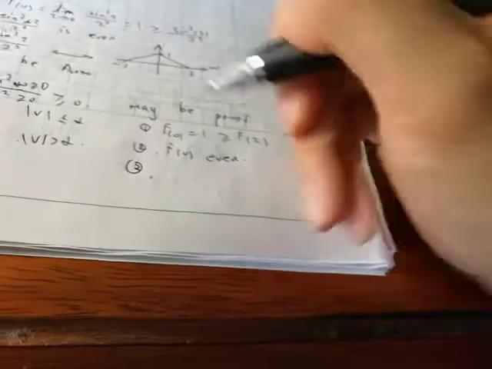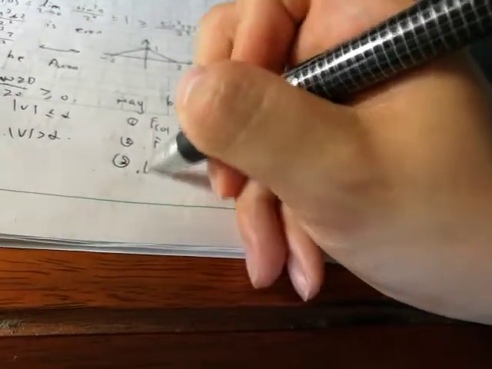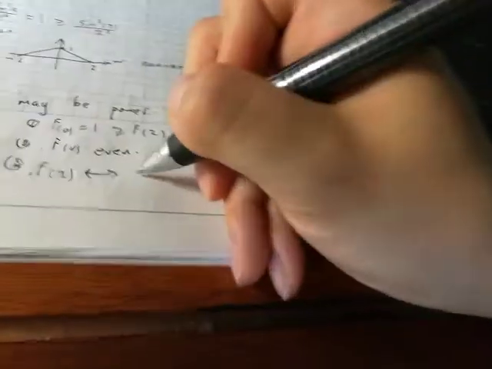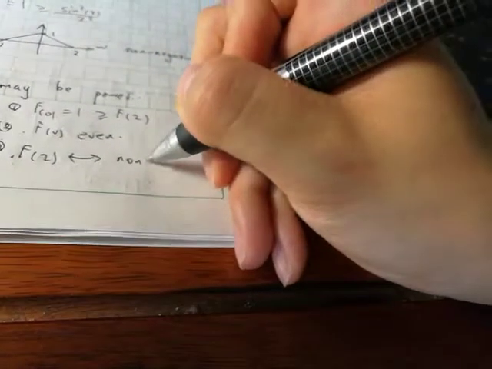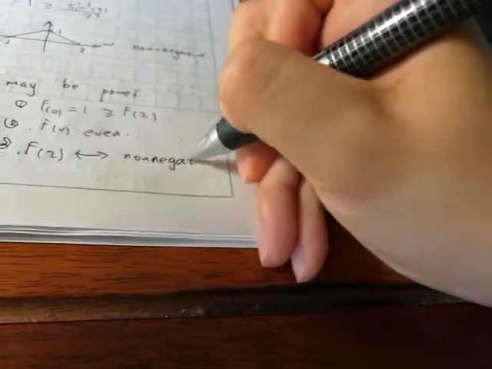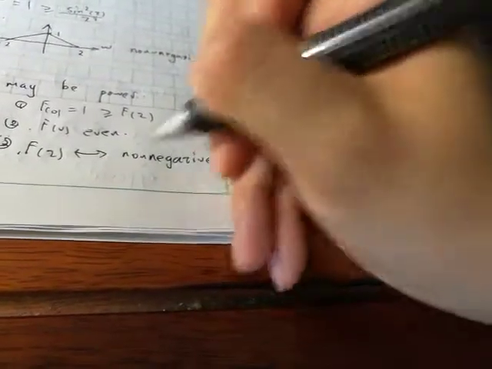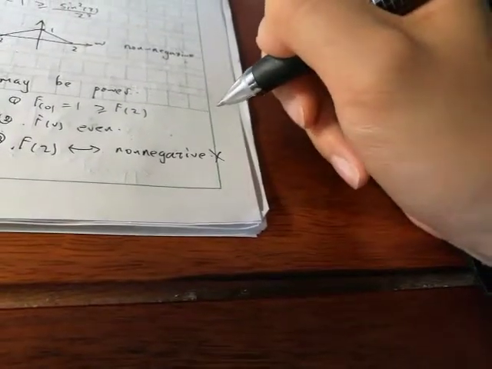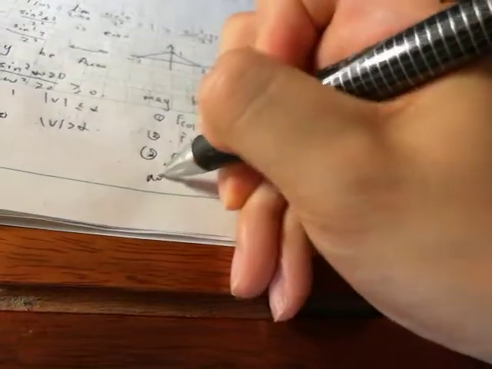But for the third one, the Fourier transform of f(tau) is not non-negative. So the third one didn't match, so we can say it's not.